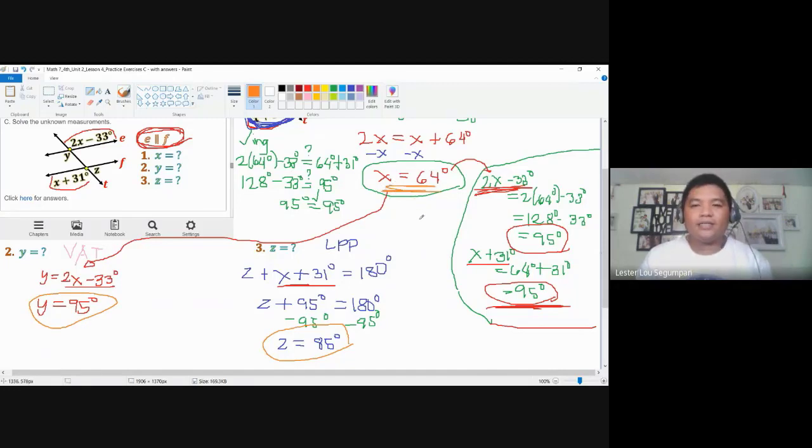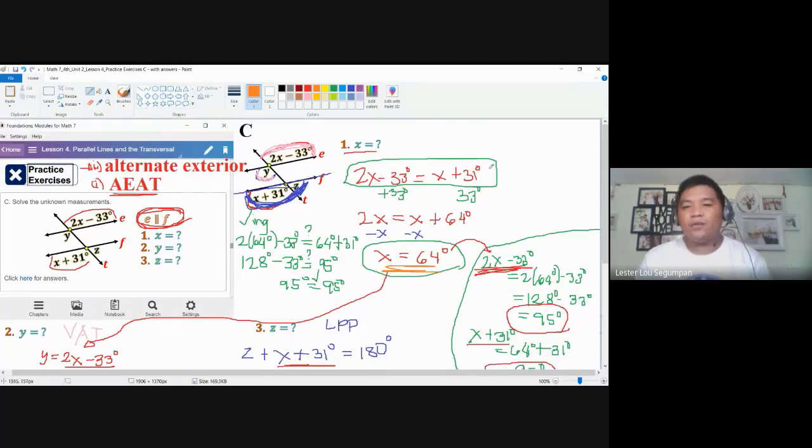Again, the variable x is solved from this equation using the claim here that the alternate exterior angles when two parallel lines are cut by a transversal are congruent. Right? So this is still on congruence of angles because that is what the theorem is telling us.